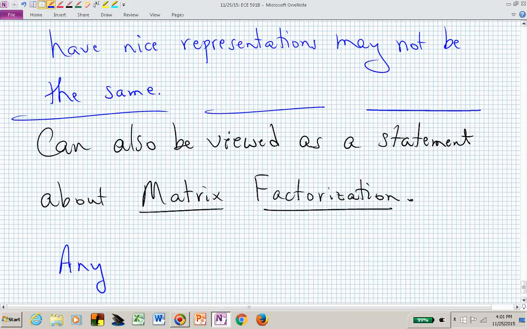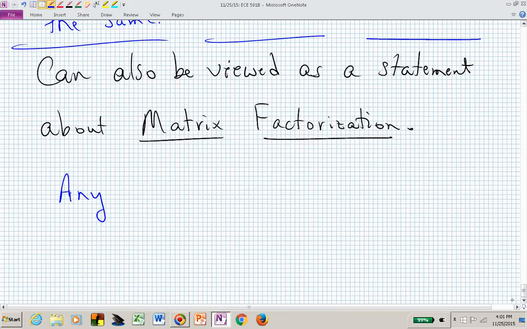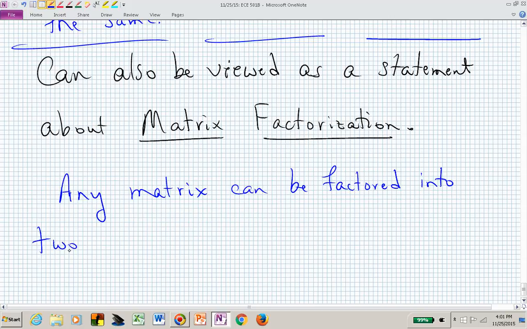And we can look at the matrix factorization of those two operators, which says that any matrix, now that we've looked at the matrix representation of those operators, can be factored into two matrices.